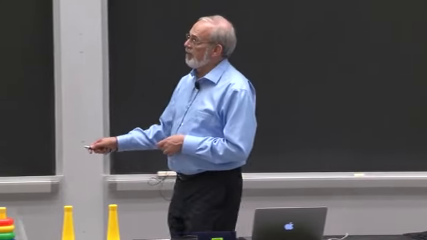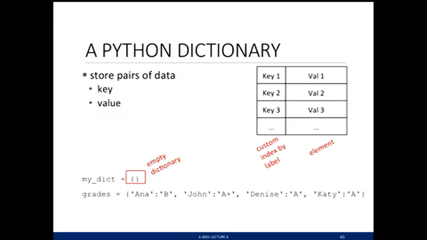First of all, to create a dictionary, I use curly braces, open, close curly brace. So an empty dictionary would be simply that call. If I want to create an actual dictionary before I insert things into it, I use a little bit of a funky notation. It is a key or a label, a colon, and then a value.